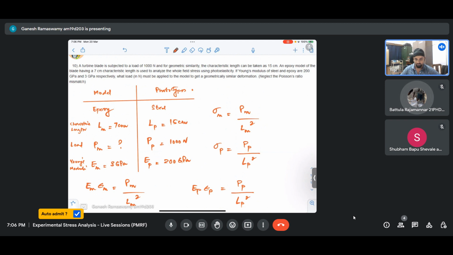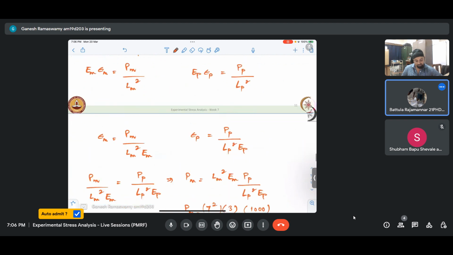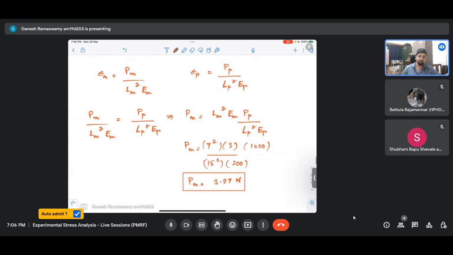Now, one thing has to be kept in mind: the 3 GPa that we have seen for epoxy would be at room temperature. If we want to do stress freezing, we know that polymers have something called a glass transition temperature, where it leads to the rearrangement of matrices.